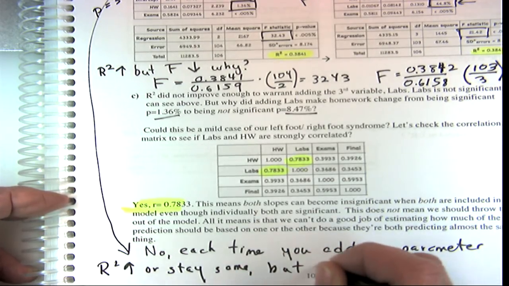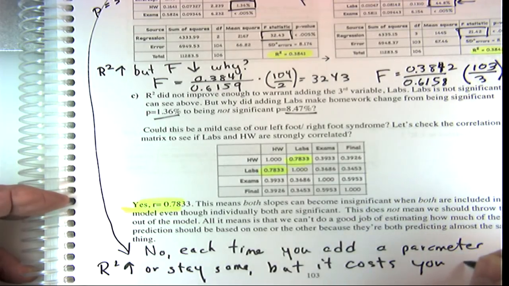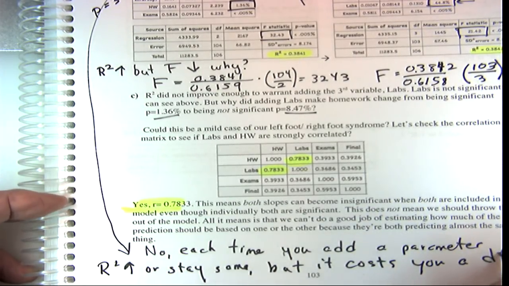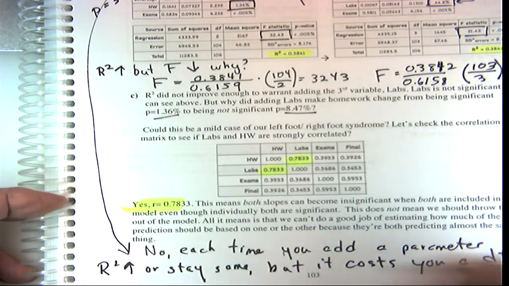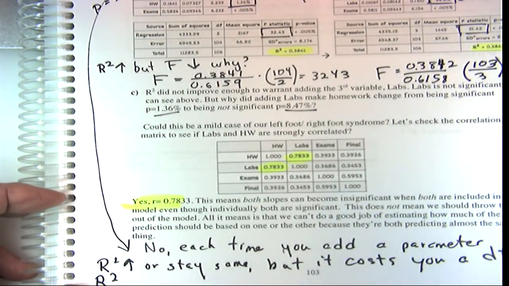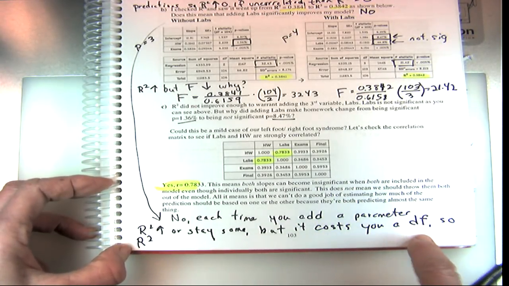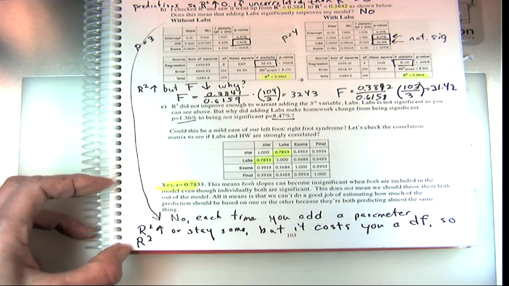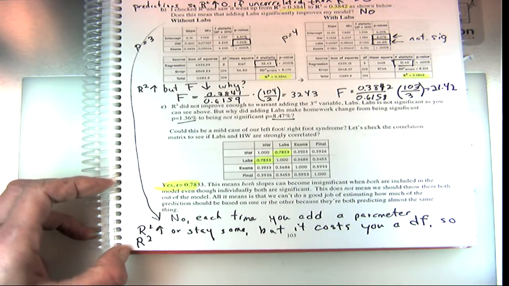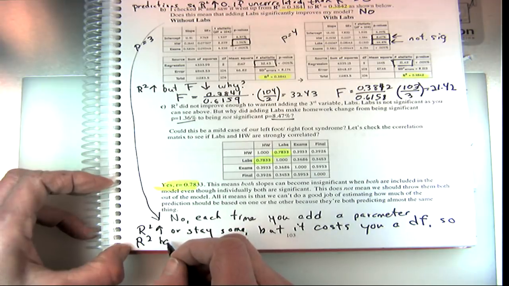But it costs you a degree of freedom. So R-squared has to go up enough to make up for that. It costs you a degree of freedom. So you have to make sure that R-squared goes up enough to make it worth it, to improve your model.